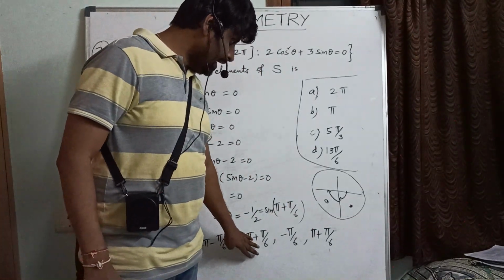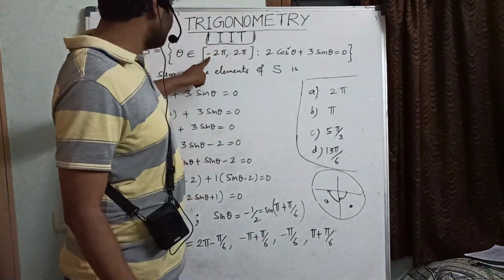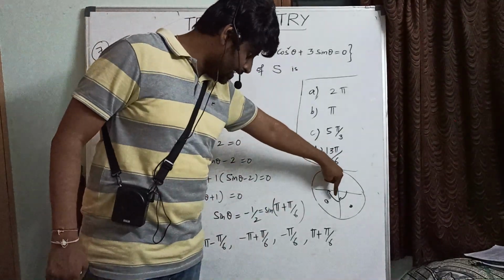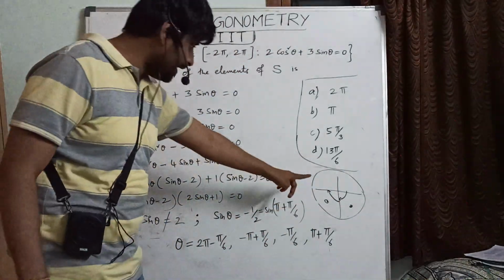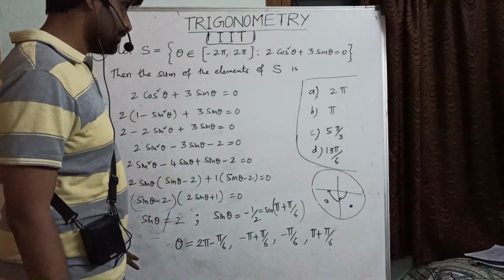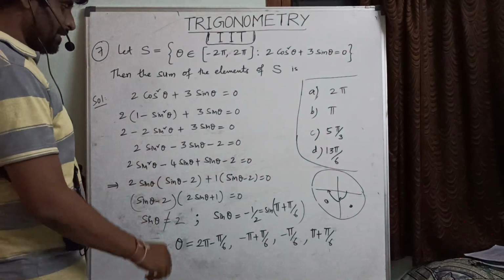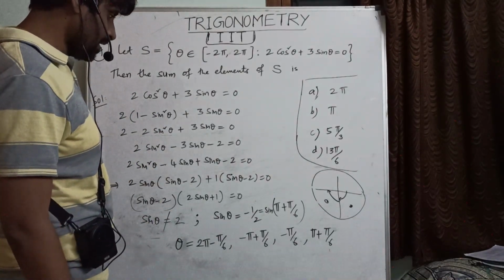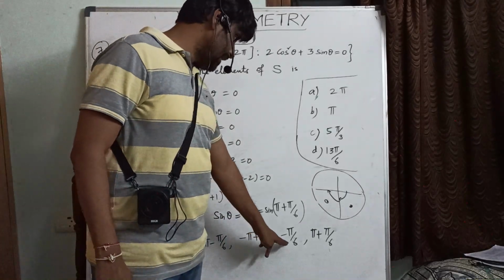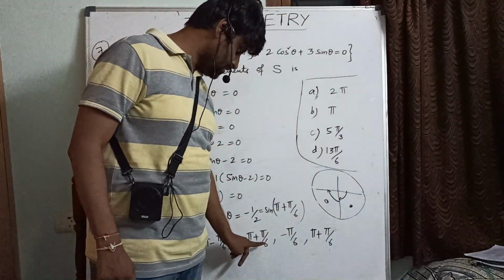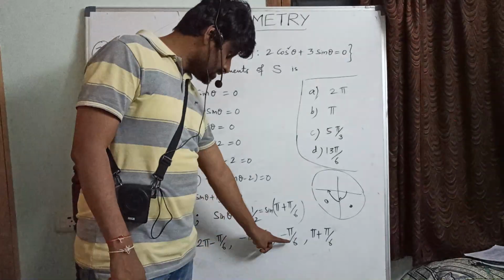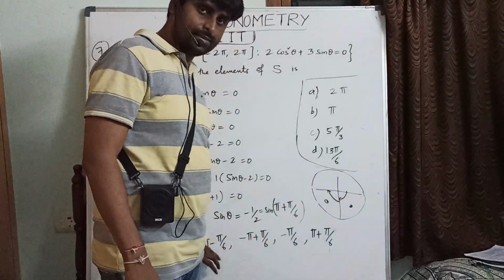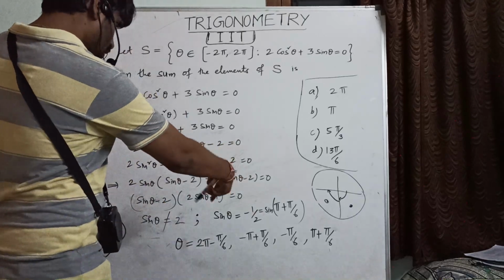Similarly I can take the negative side also, from minus 2 pi to 0. Minus pi means this side, correct? So minus pi plus pi by 6, third quadrant on the negative side, and minus pi by 6, fourth quadrant on the negative side. Clear?